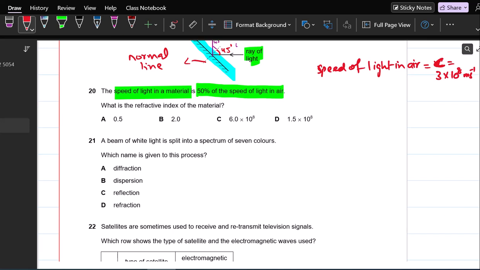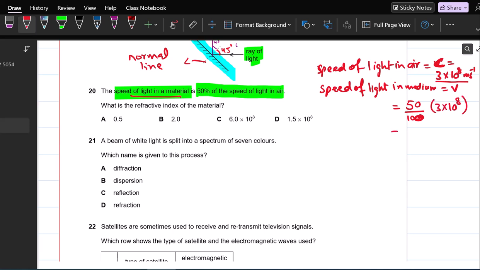The speed of light in a medium or material, I would name it as V. This is 50%, means half of this. 50% of 3 × 10^8 meters per second. So it comes out to 1.5 × 10^8 meters per second.